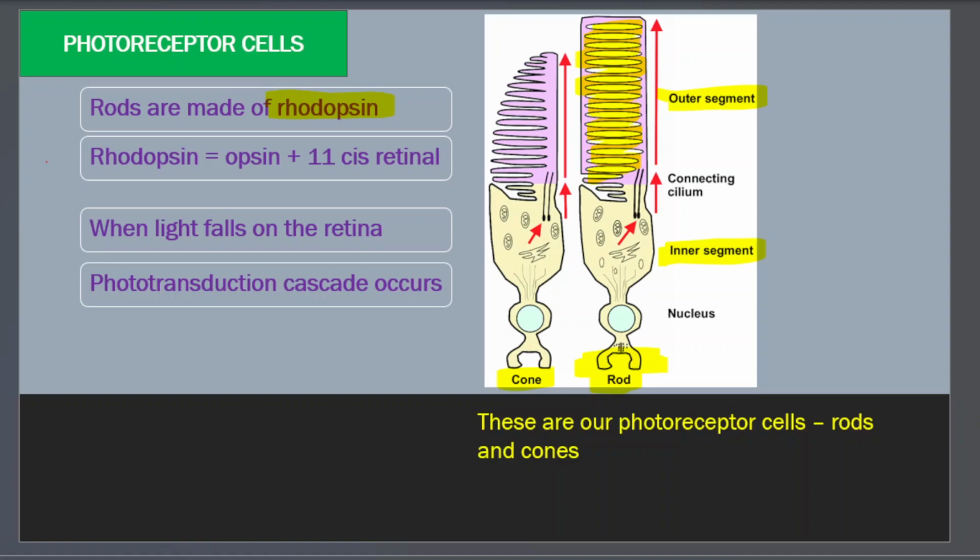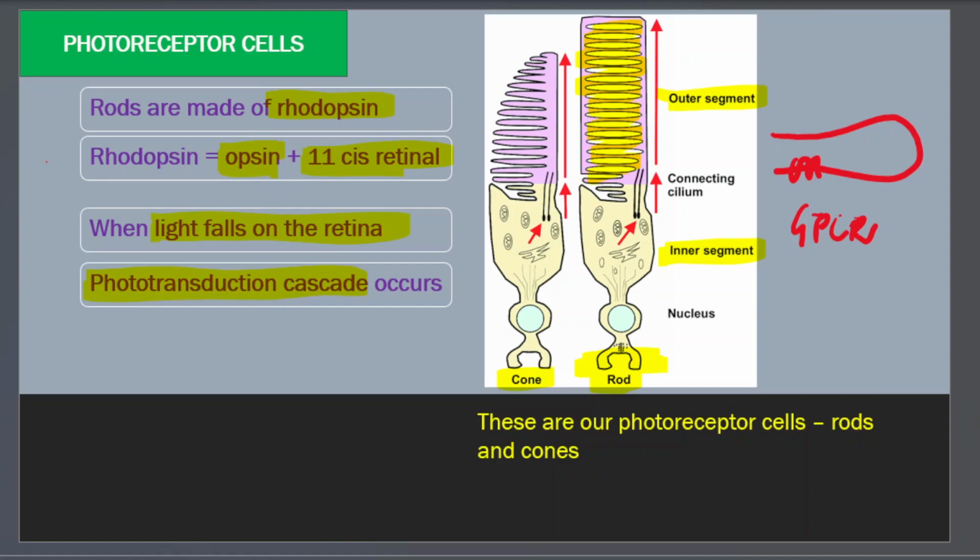Suppose we zoom into this disc. If the disc looks like this, we have the rhodopsin on it. Now what is rhodopsin? Rhodopsin is a G protein coupled receptor, and it is made of opsin and 11 cis retinal. When light falls on the retina, the phototransduction cascade takes place.